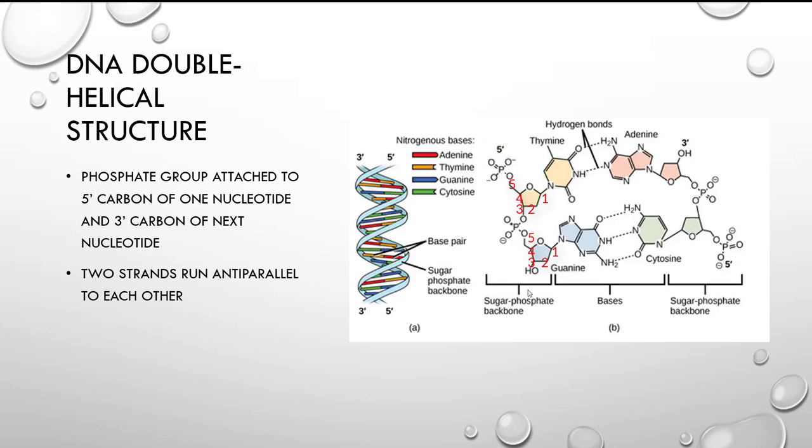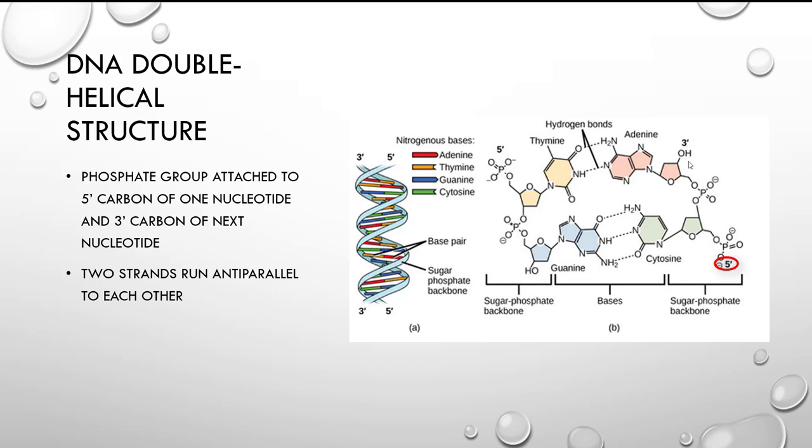So we're labeling this particular DNA strand with the 3' end and the 5' end. This one over here, we did the same thing, going clockwise. So this is carbon number 1, 2, 3, 4, 5. So that's why that's 3' there. Down here, carbon number 1, 2, 3, 4, 5.